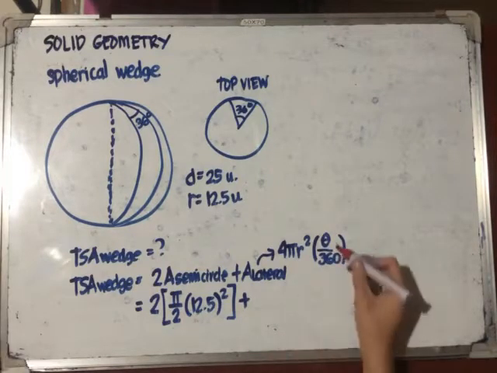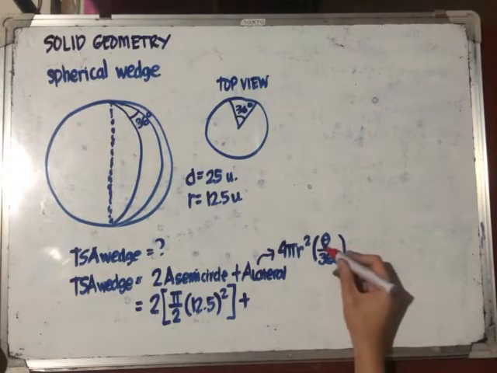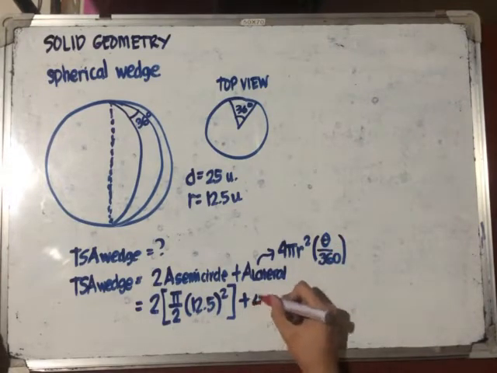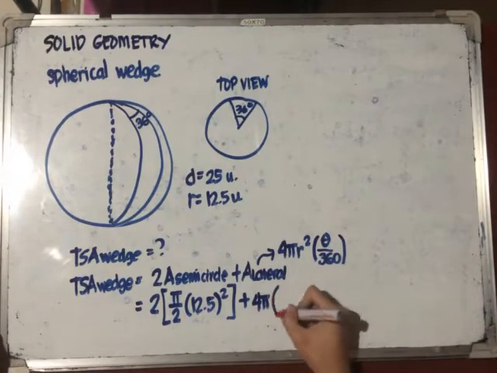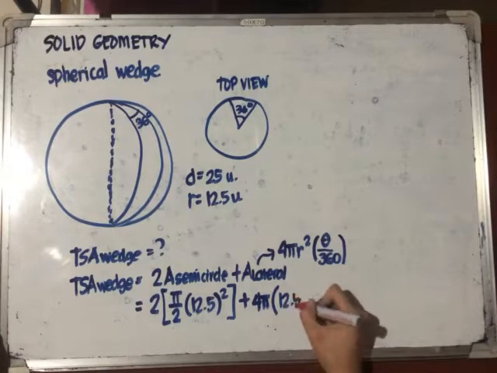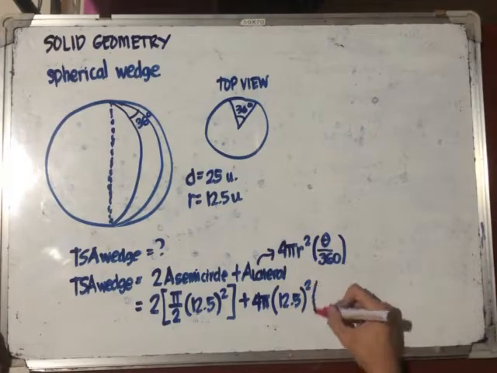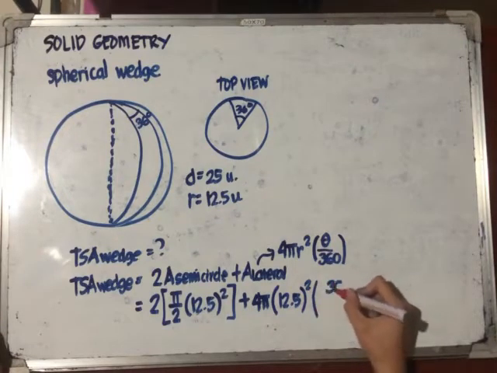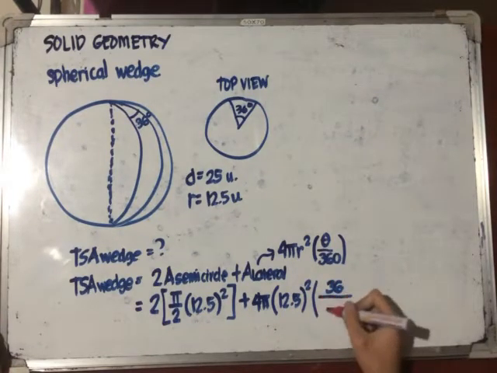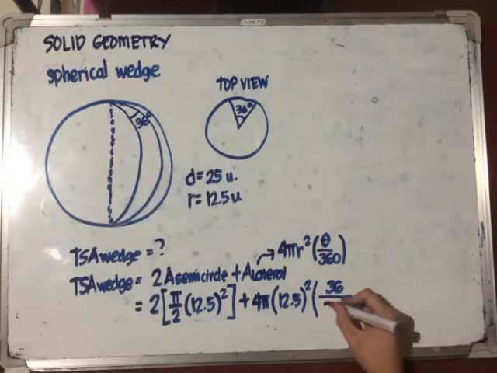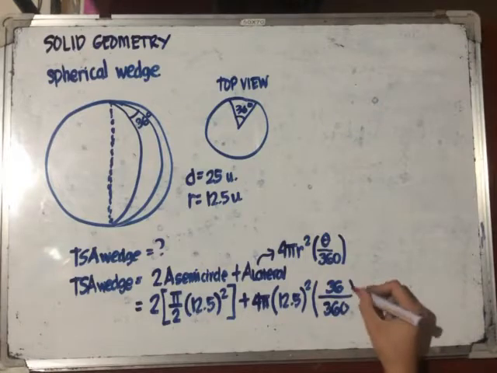Alright? So that would be theta over 360, wherein theta here is the dihedral angle. So that would mean 4 pi times 12.5 squared, times our dihedral angle 36 divided by the entire circular angle of this sphere, 360.